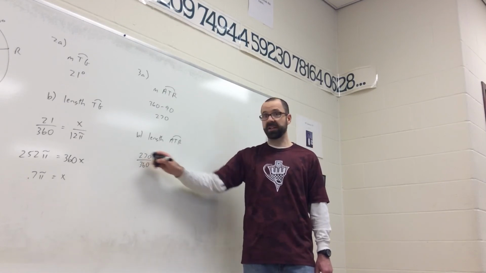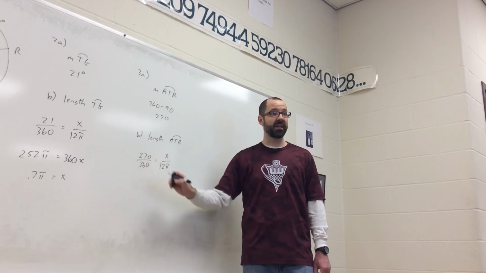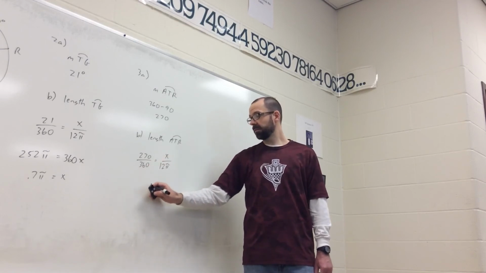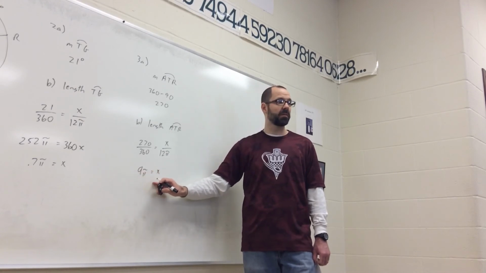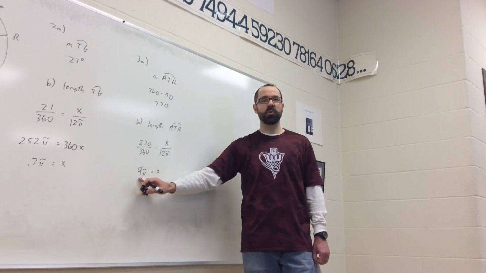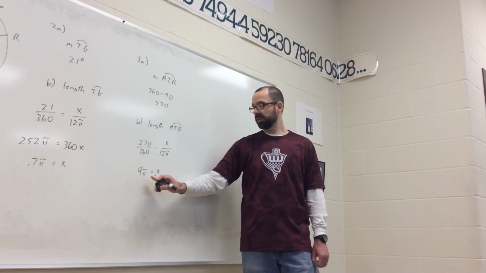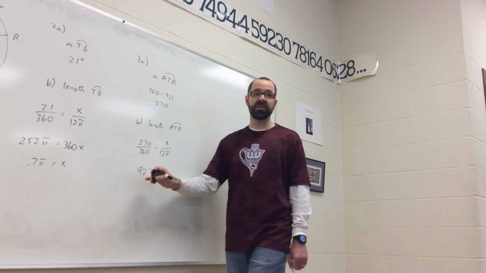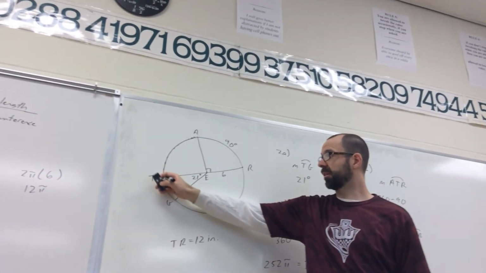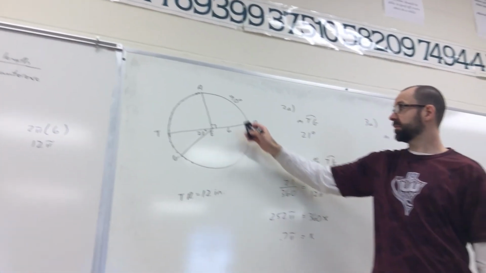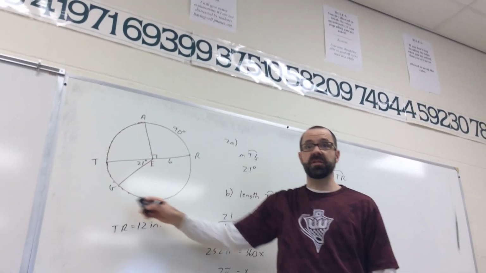To solve that, you take that times that, and then divide. It'll come out to 9 pi. So that means it's about 27 inches. Pi is about 3, not exactly 3, but it's about 27 inches. If you started here at A and walked along here to get to here, it's about 27 inches to do that.